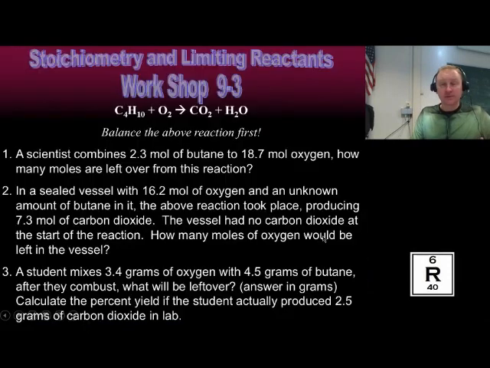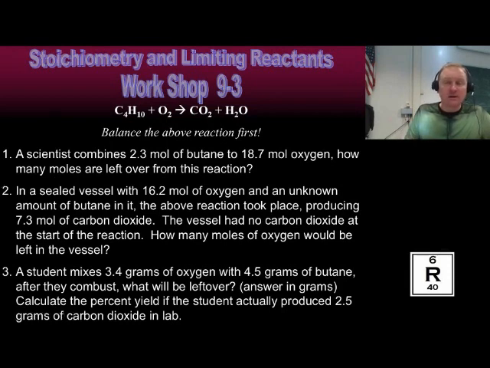So here's some practice, and I'm giving you an equation here that is not balanced yet, so we'll do some practice balancing here. And this one here is butane instead of propane, but it's the same thing. It's a combustion reaction. So when butane is combusting, it burns with oxygen and produces carbon dioxide and water. You got to balance that first. And the first question is just like I modeled for you.